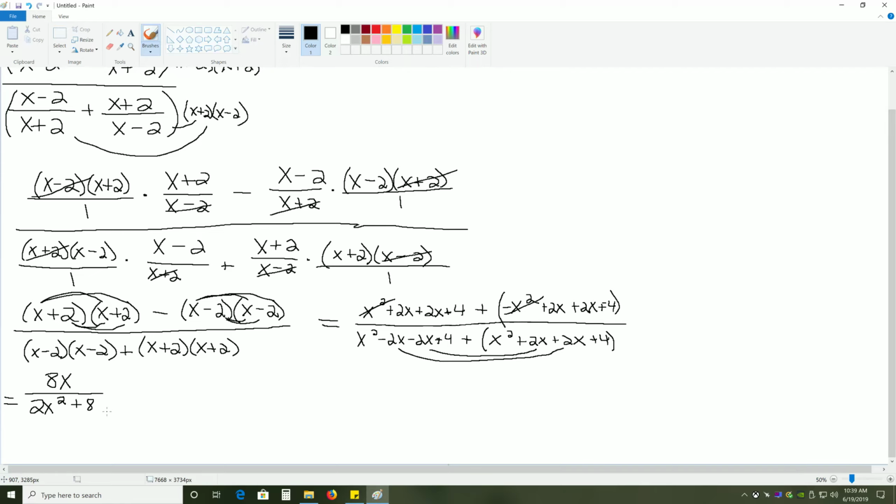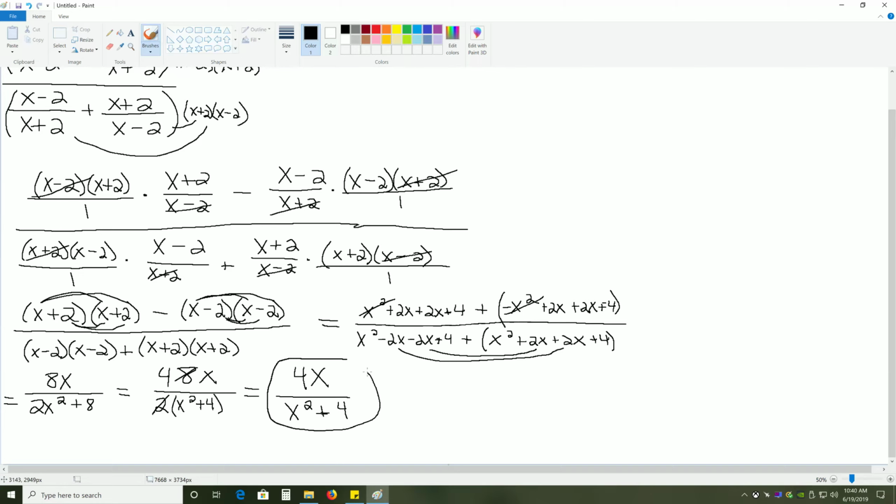And now finally, the last thing that we can do here is factor out a 2 from the denominator, which gives us 8x over 2 times x squared plus 4. And with this, we can cancel a common 2 from the top and bottom, leaving us with 4x in the top. So we end up with 4x over x squared plus 4.